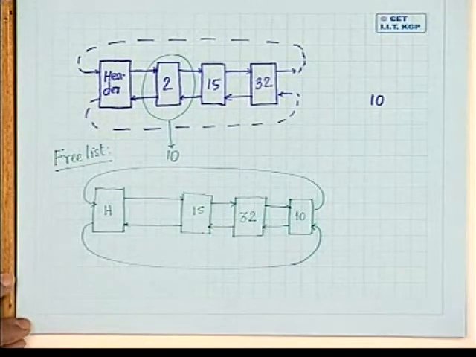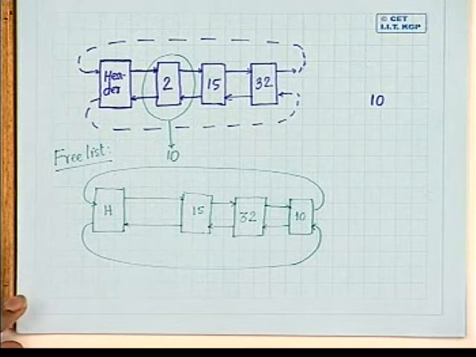So find that if I maintain this policy that whenever I have to take a buffer for writing a new data block, I will always take the buffer from the head of the free list. Okay. And whenever I want to return a buffer to the free list, I will always return the buffer at the tail of the free list. Now head and tail is with respect to the forward pointers.